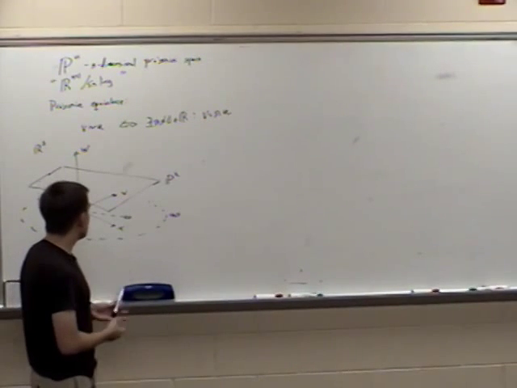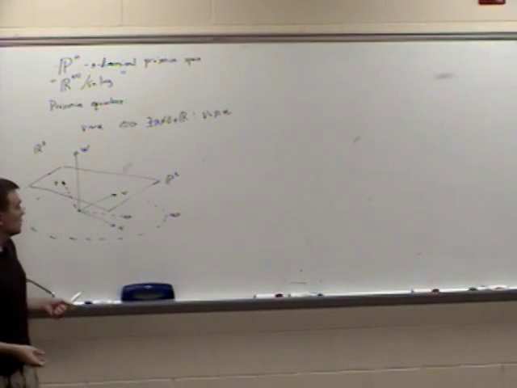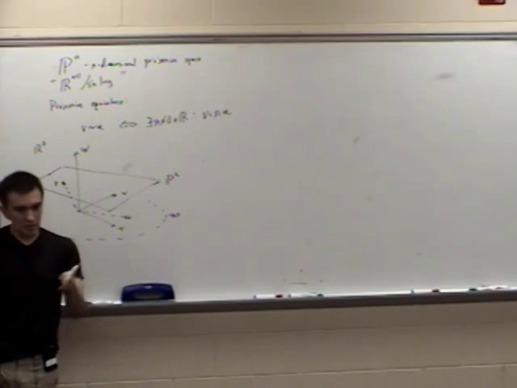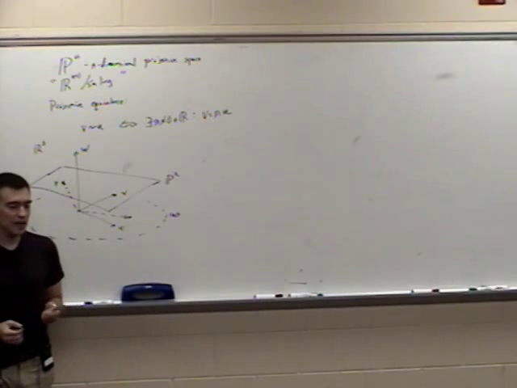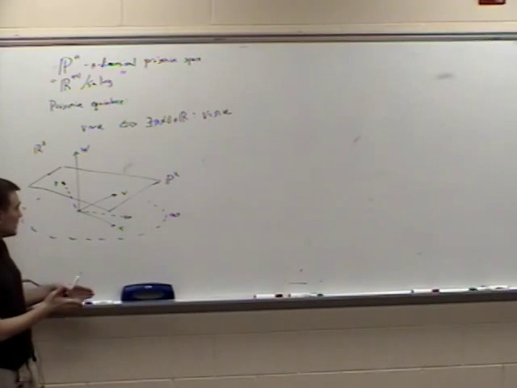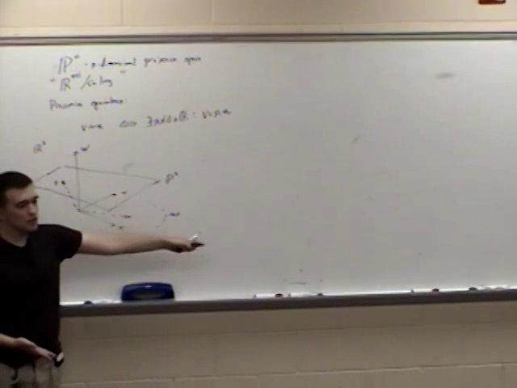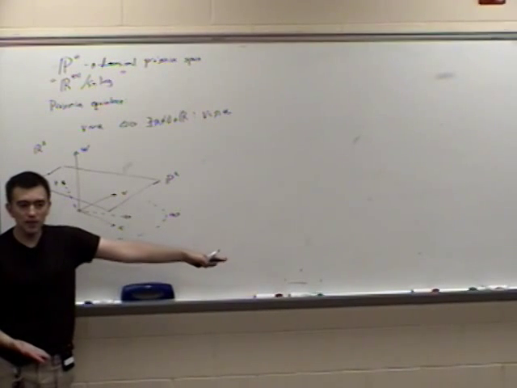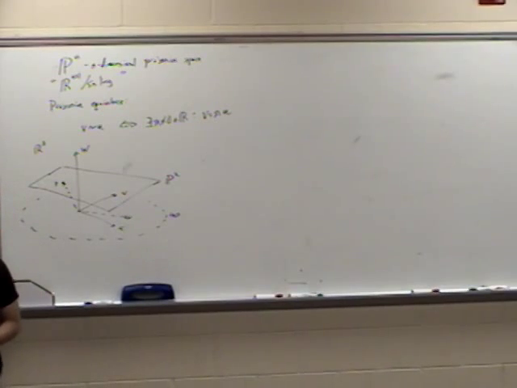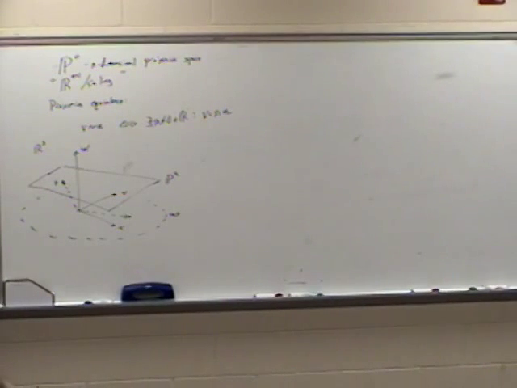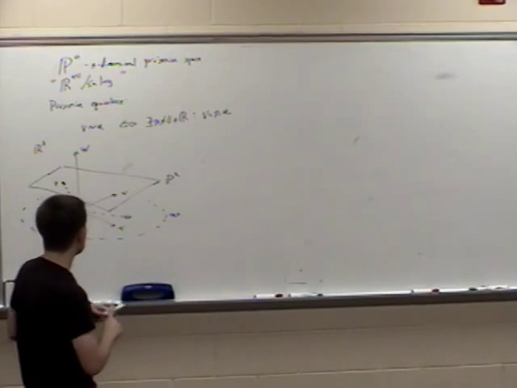But they also turn out to be useful because if we wanted to consider the meet or join of two flats, if they happen to be parallel, then they might not intersect in this projective plane up here, but they will actually meet at some point at infinity. And this allows this lattice of flats to become much more well-behaved algebraically. So that's sort of the one picture of it.